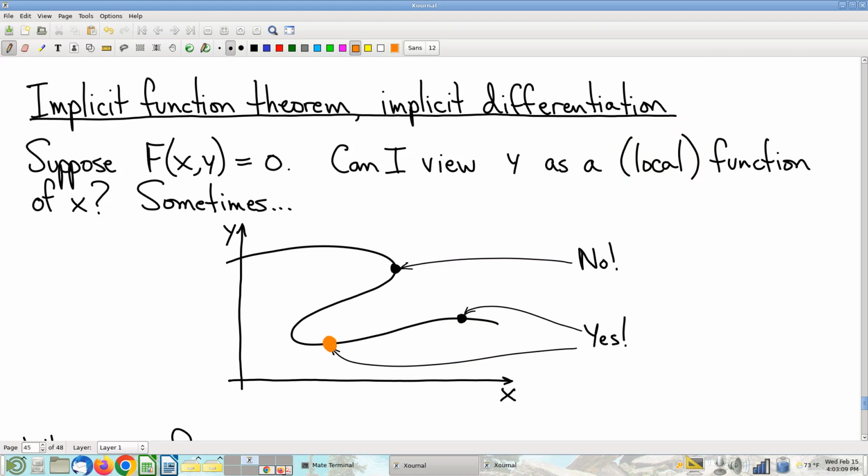Looking at that point, is y a function of x? Don't make the mistake of saying, oh, hey, look, we're failing the vertical line test. Look, we hit that vertical line 3 times. Again, not what we're asking, right? We are asking the question of, at this point, locally. So look only nearby. Look as myopically nearby as you want.